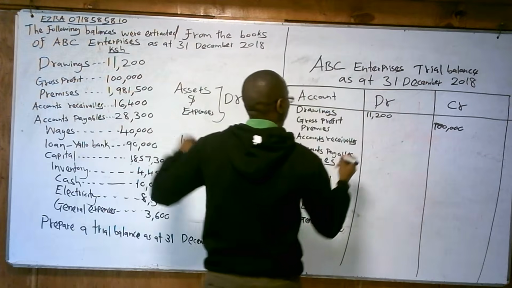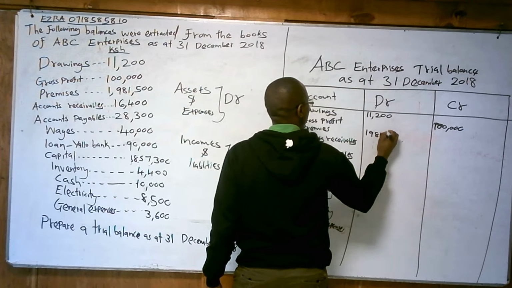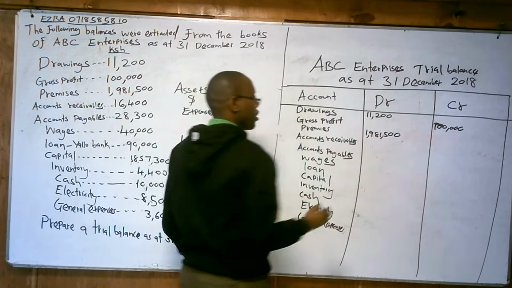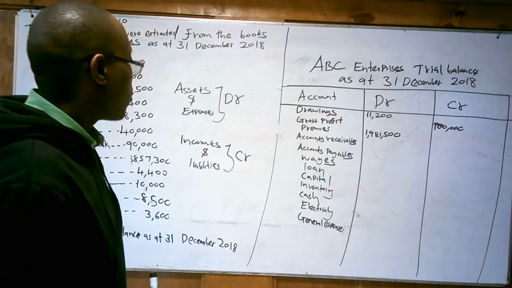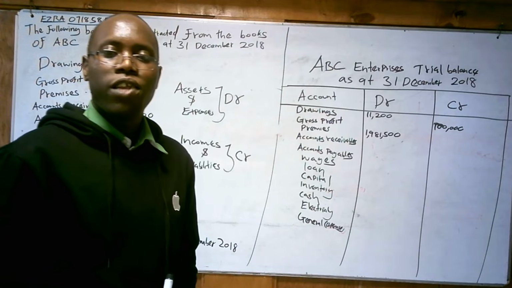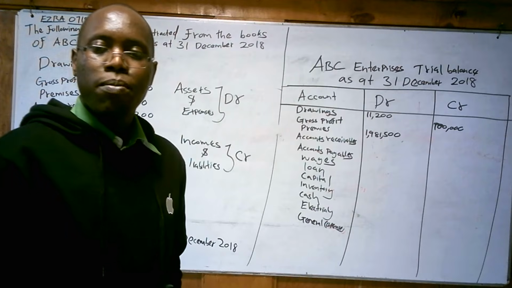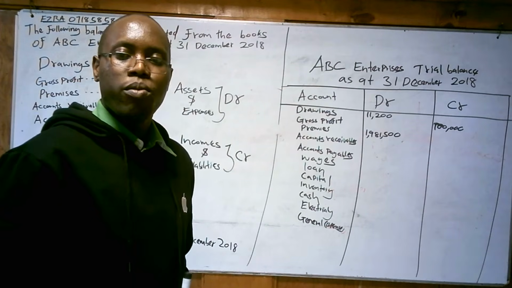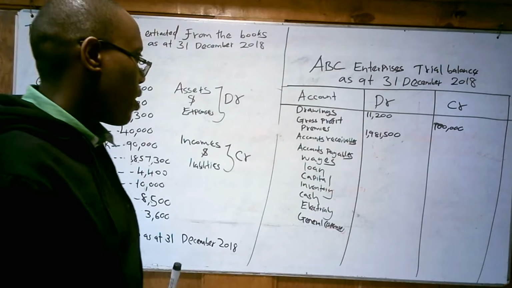So the 1,981,500 is going to appear on that debit side.